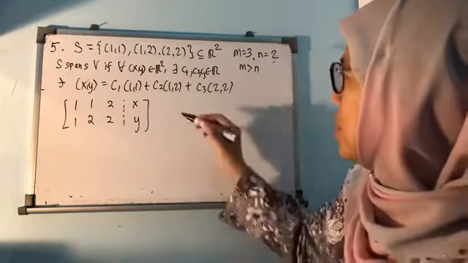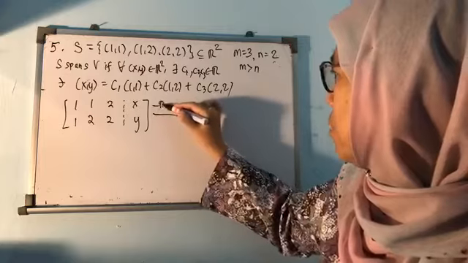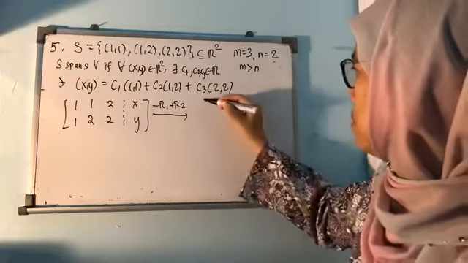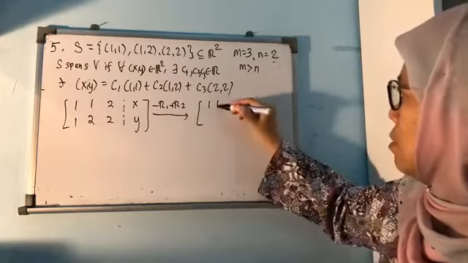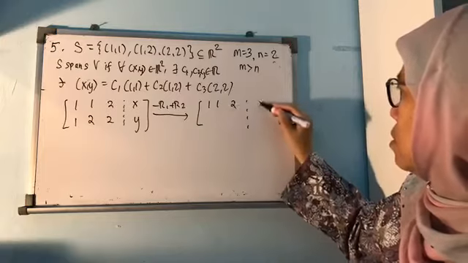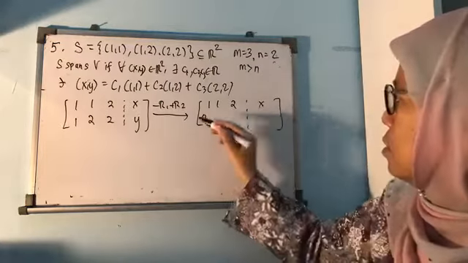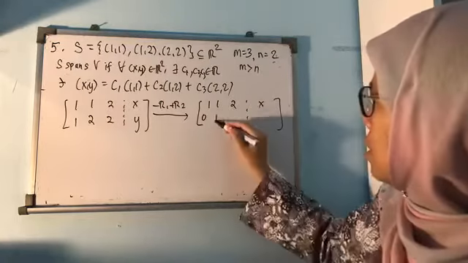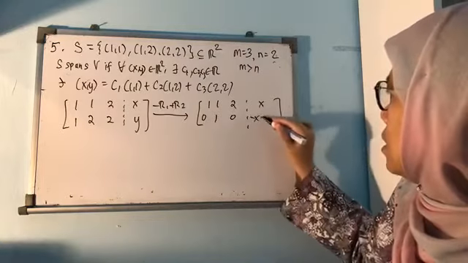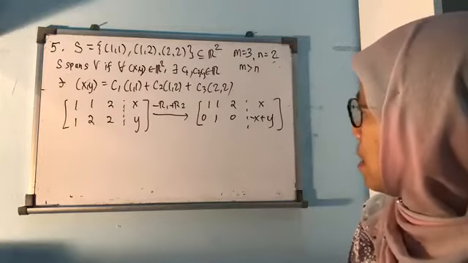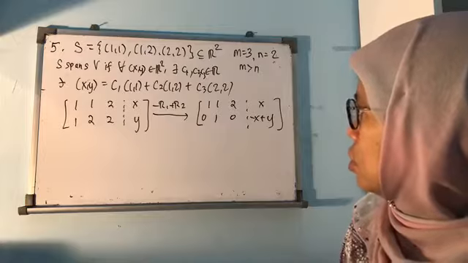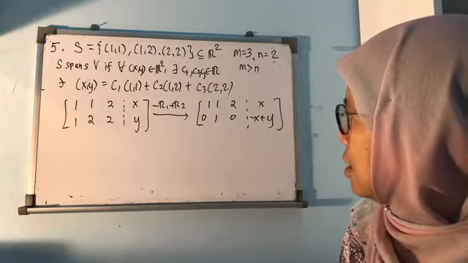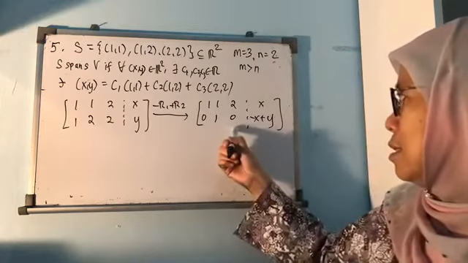Okay, so negative R1 plus R2. 1 1 2, 0, 1, 0, negative x plus y. So you will see that this is consistent, right?